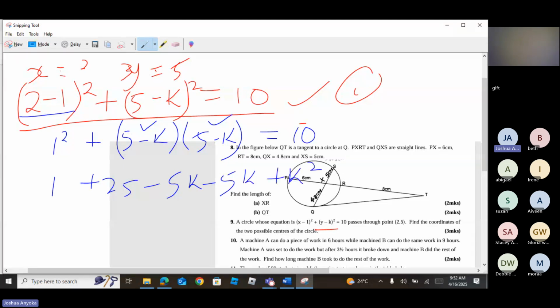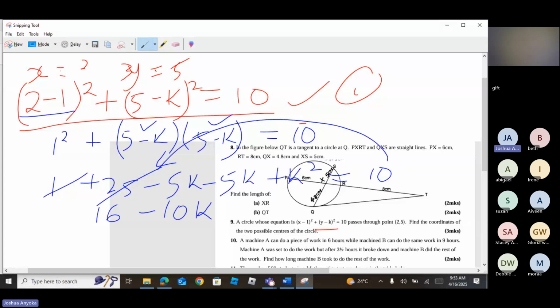Like terms together. This is 26. We bring 10 in here. So 16 minus 10k plus k squared is equal to 0. Rearrange: k squared minus 10k plus 16 is equal to 0.